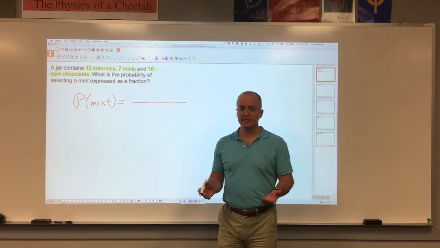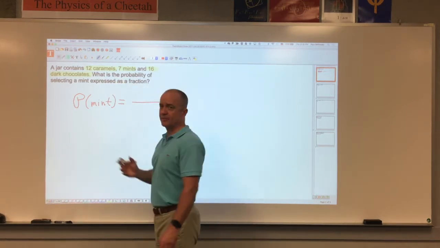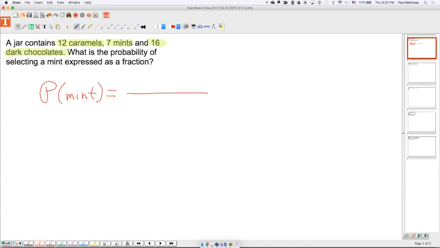Well, our sample space is the total number of candies we can pull out. There are 12 caramels plus 7 mints plus 16 dark chocolates in there. If we're reaching around blindly and grabbing the first candy we get a grip on, there are a total of 19, 25, 35 things that can happen if I've added that correctly.